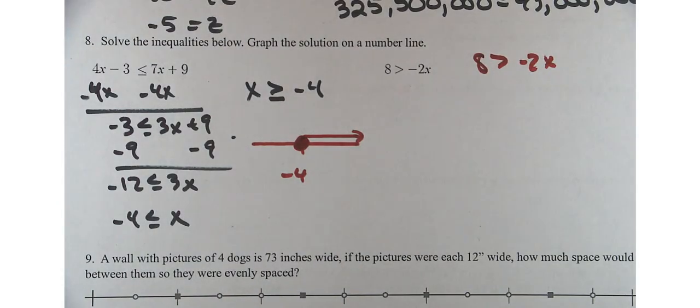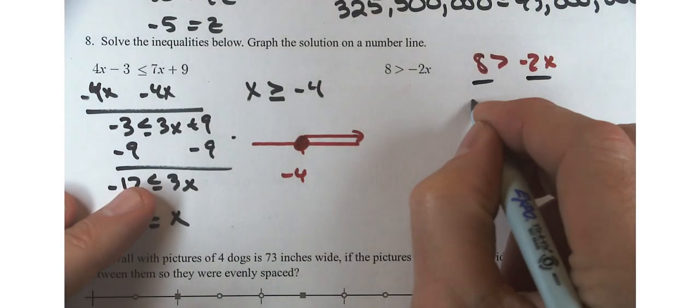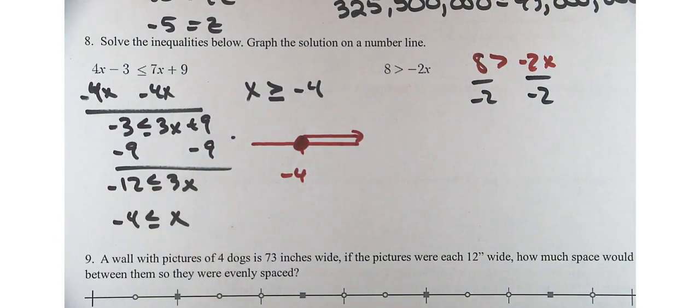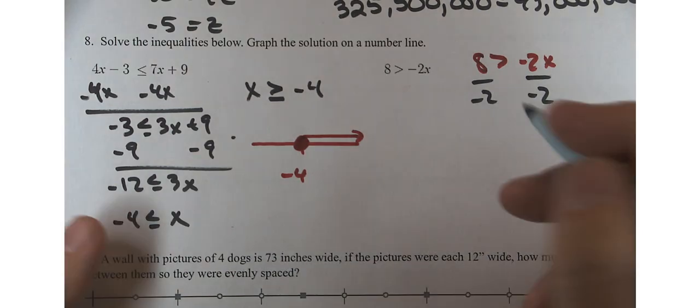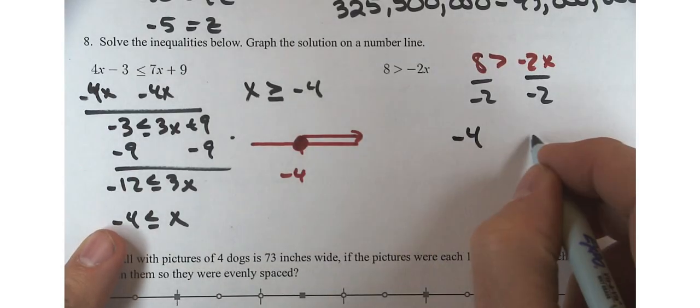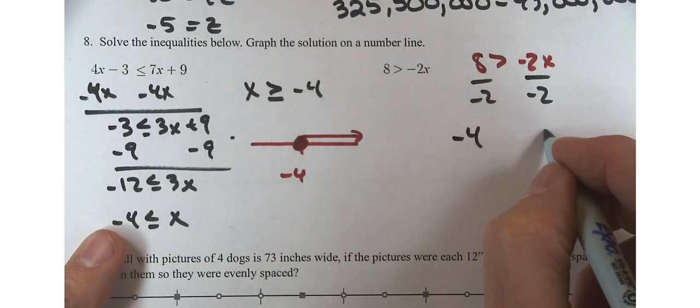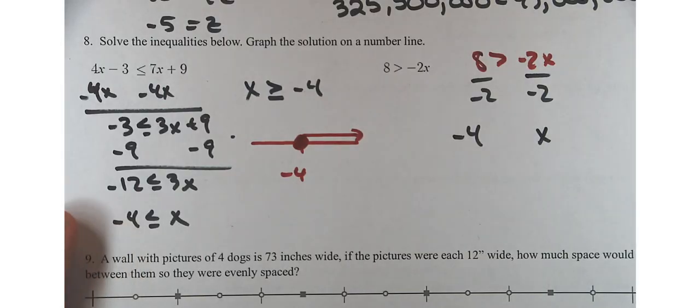Now, Cardell, you were working on this one with me earlier. What happens when you divide by negative 2? What special thing is going to happen? We're going to get a negative on the left-hand side, and a negative divided by a negative is going to be positive. What other special thing did you notice when we worked on this one?